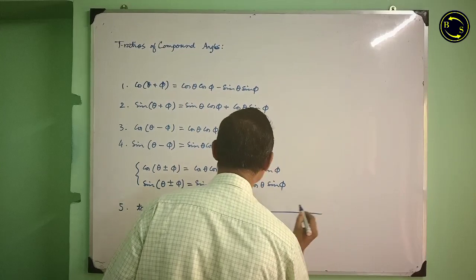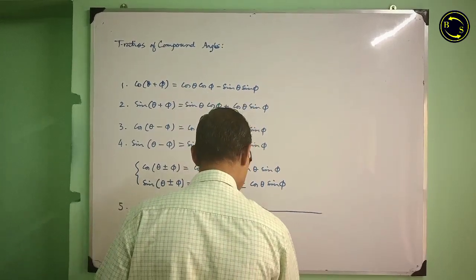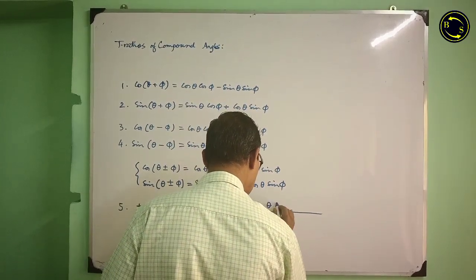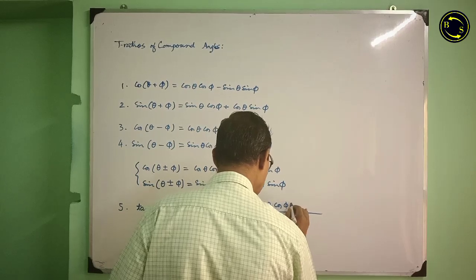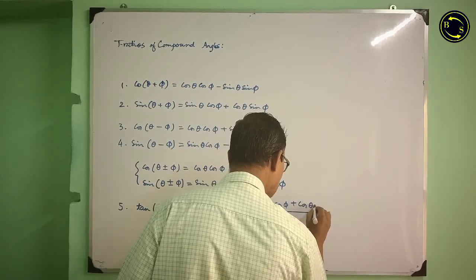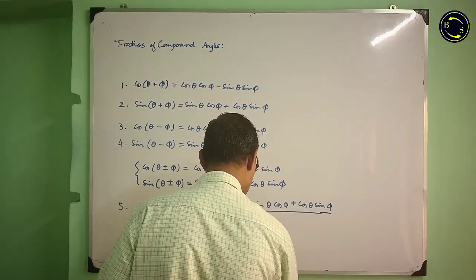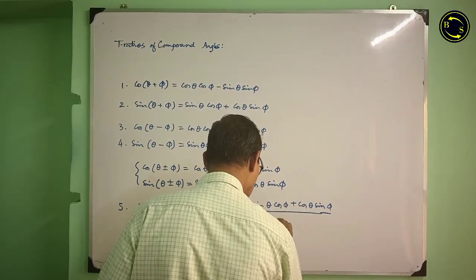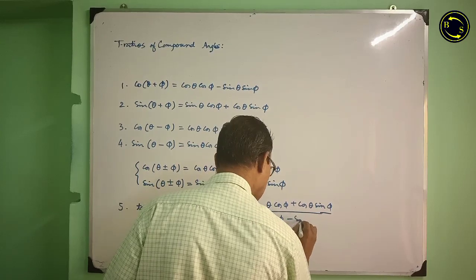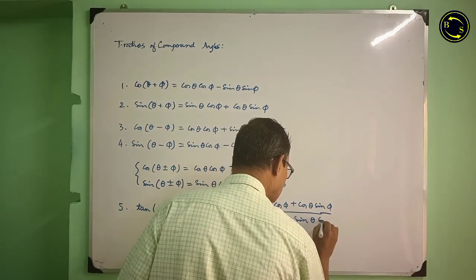Now we put the expressions sine theta cos phi plus cos theta sine phi by cos theta cos phi minus sine theta sine phi.